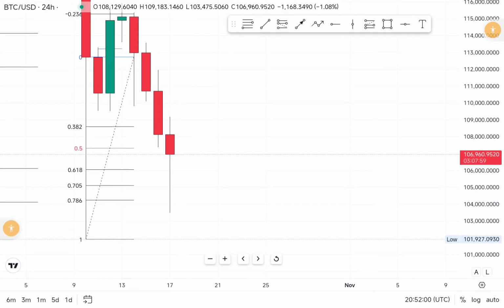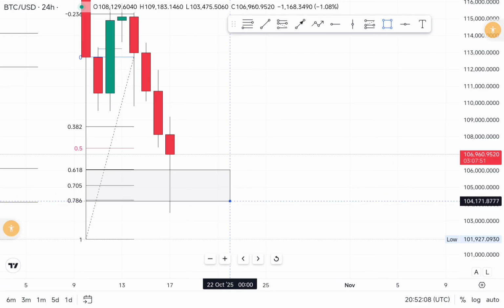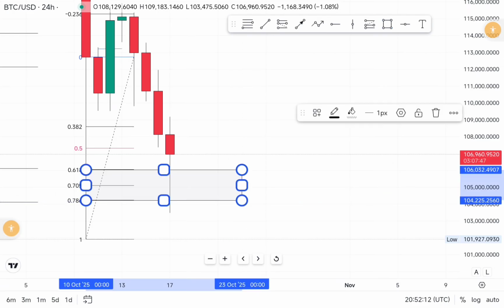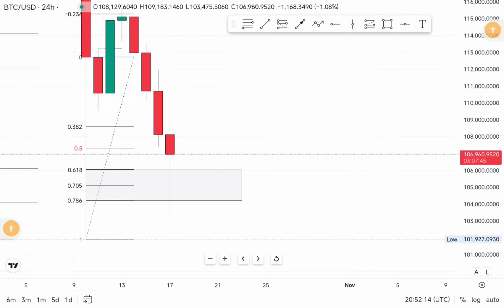And the bullish candlestick breaks and closes above the high of the previous candlestick, which signifies a change of character to the opposite direction.